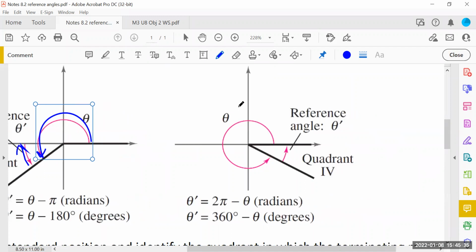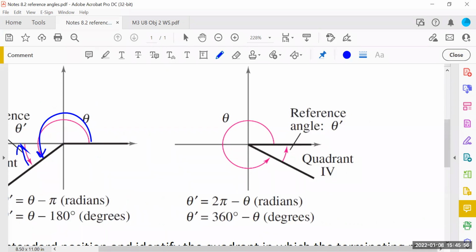And the last one, if I'm in quadrant 4, it's how much farther do I have to go to get to 360? So I've gone almost all the way around the circle. What's left over? And so you can do 360 minus the degrees of your angle. If I'm in quadrant 1, my angle is my reference angle, so long as it's between 0 and 90.